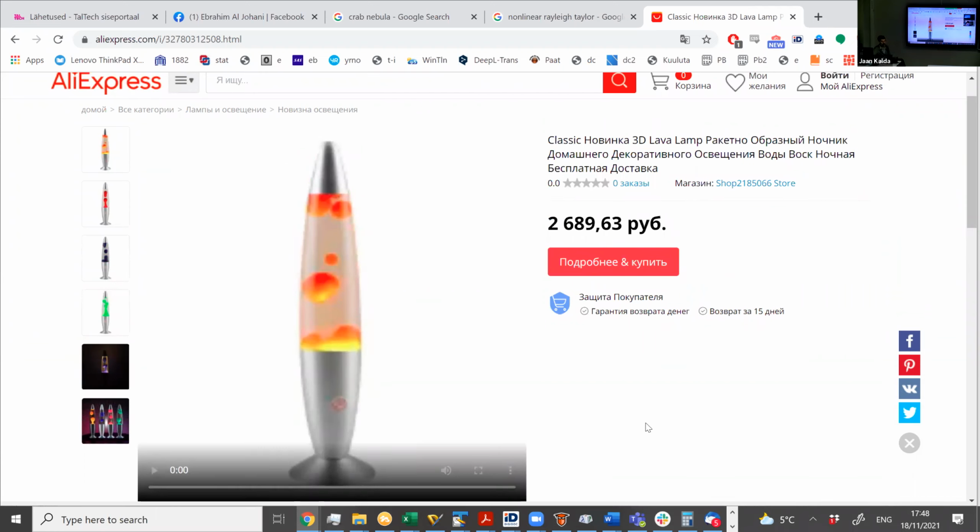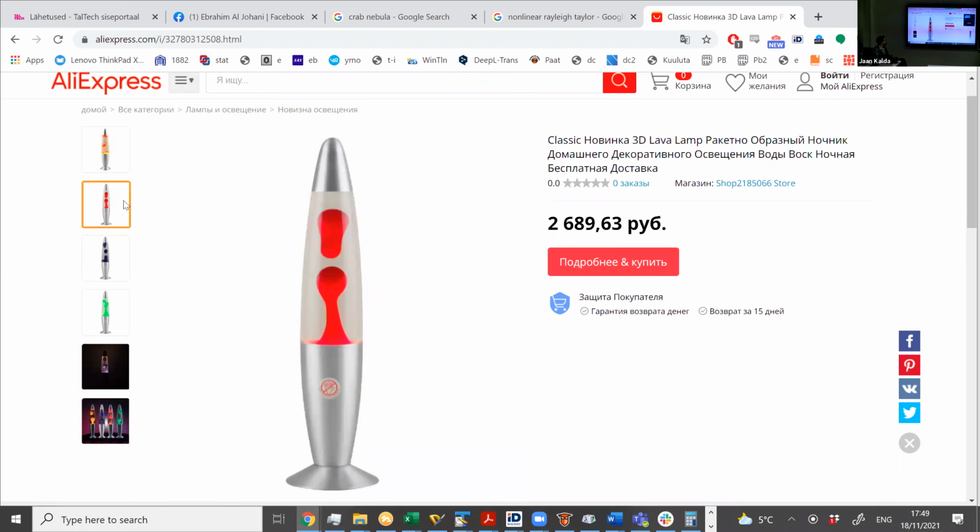So what happens here? Below you have a lamp lighting, and then you have a wax and a fluid which has density quite close to that of the wax. And then now why doesn't it play? What is the matter? Oh, okay, we can just see here on some pictures. So these are different stages of the evolution.